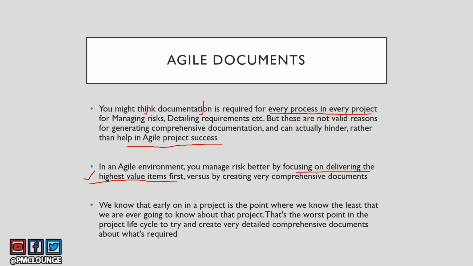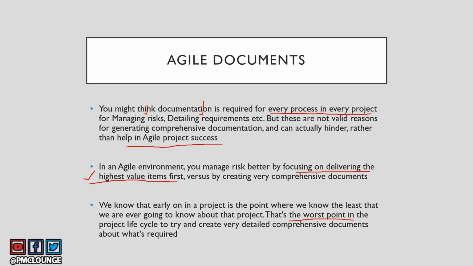So for waterfall model projects, what happens is you create requirements early on, right? In the beginning itself. According to Agile, that's like the worst point in time in the project lifecycle to create a requirements document, because that's when you know the least about the project, and you can definitely bet money on the fact that requirements are going to change as you move along and you know more about the project and your customer knows more about the project, right?